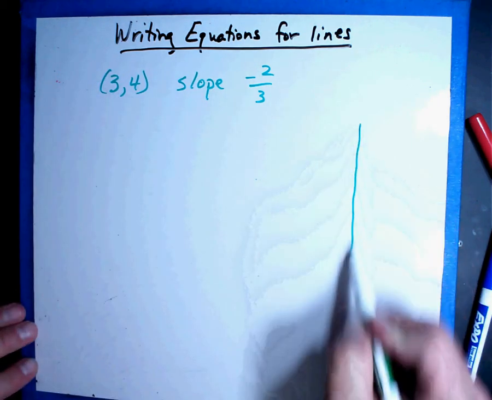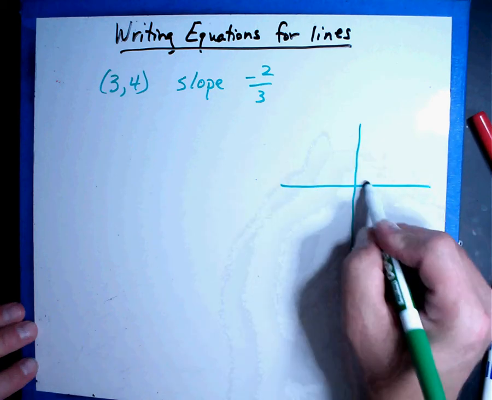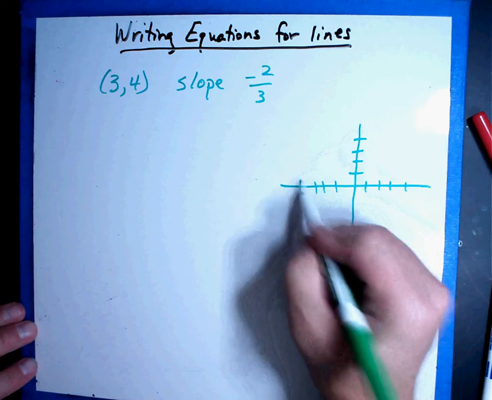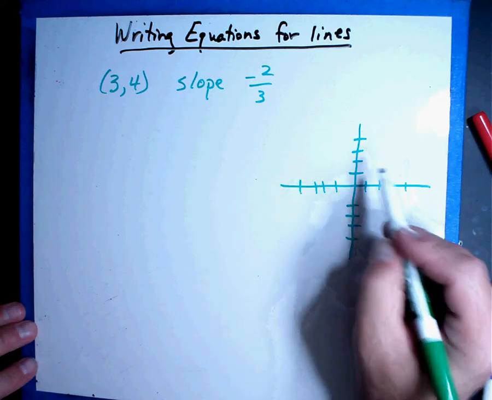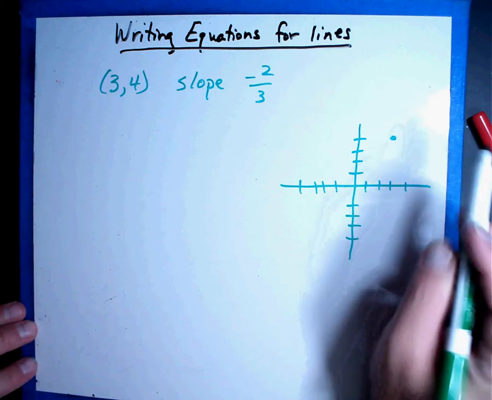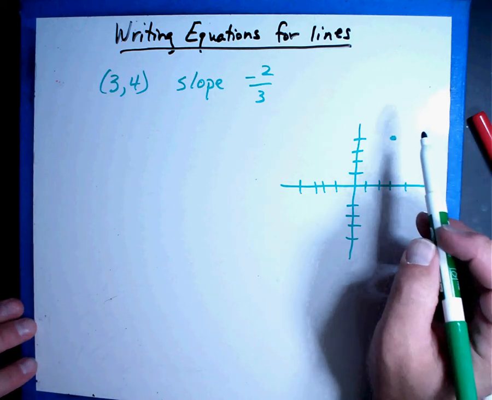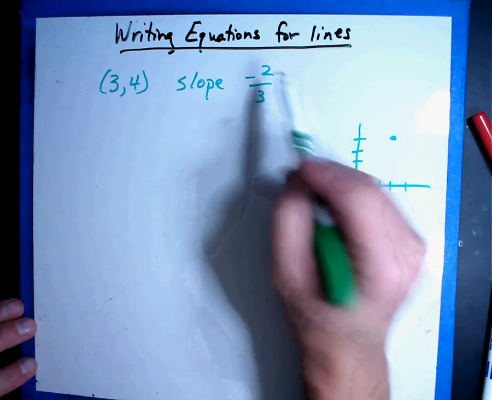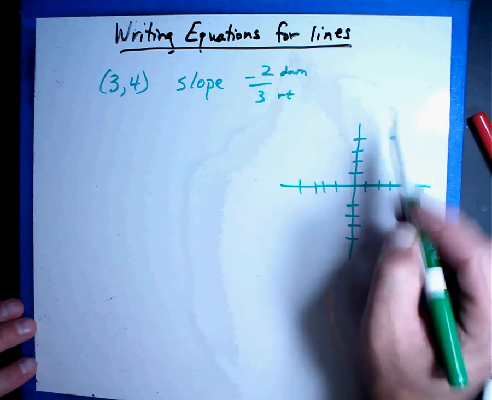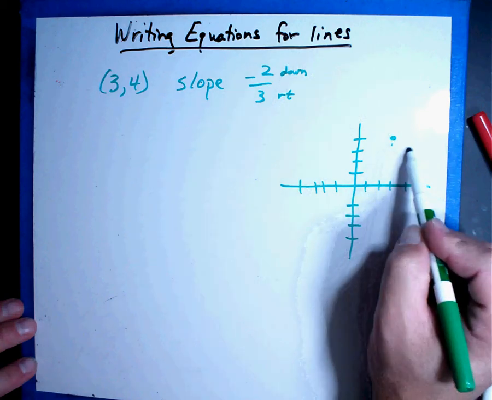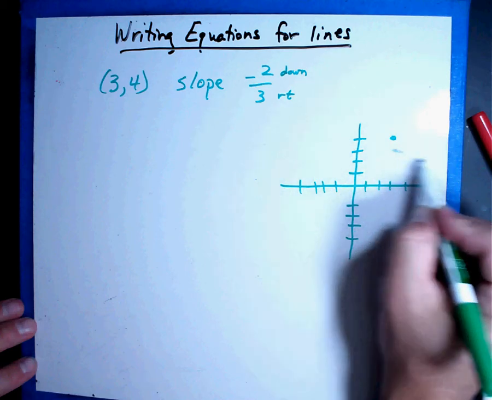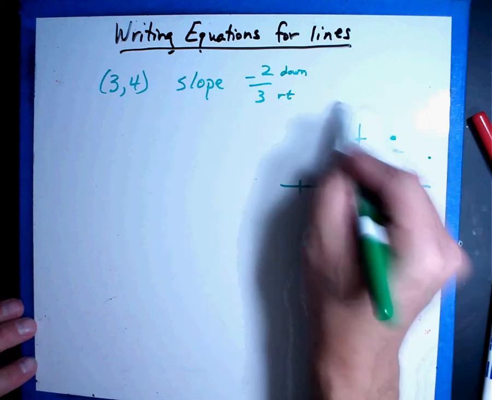At 3, up 4, there is going to be a line that has a slope of negative 2/3, which means down 2 and right 3. So you're going to go down 2 and right 3. So it's going to be this line like this.